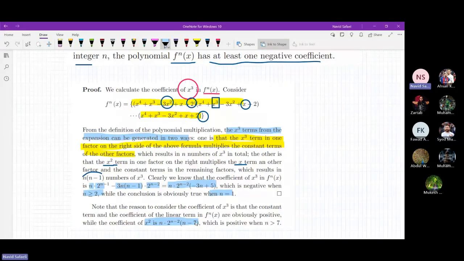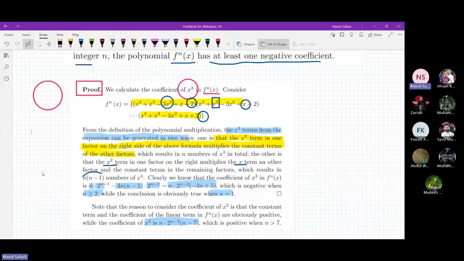So x cubed was the best choice that we had. Any question, guys? No? No, sir. Okay. This was a good problem indeed.